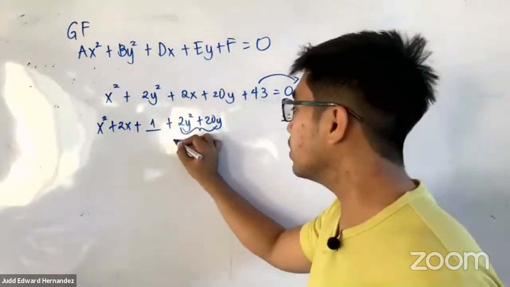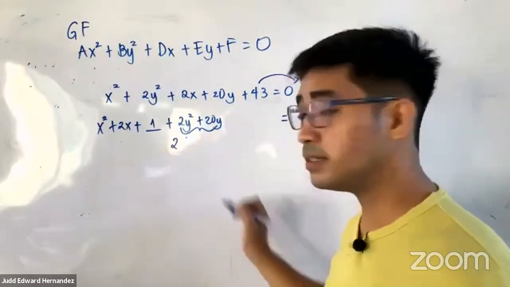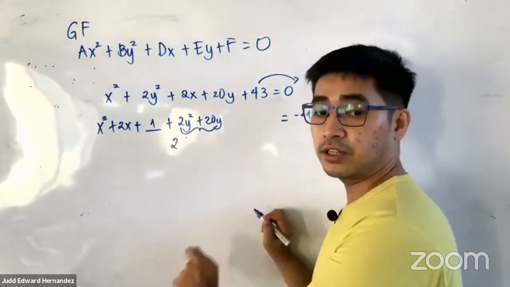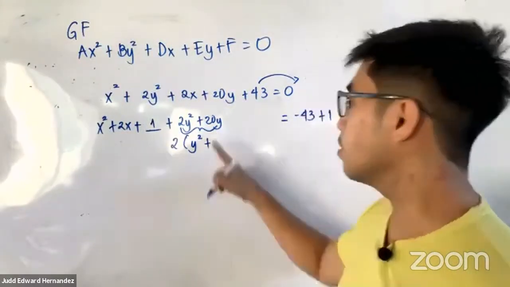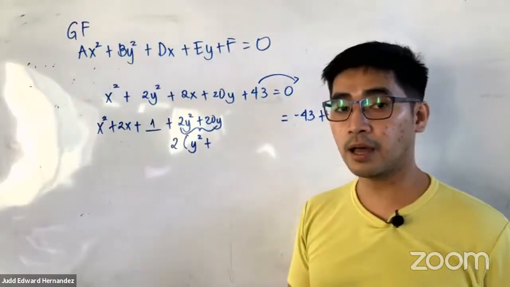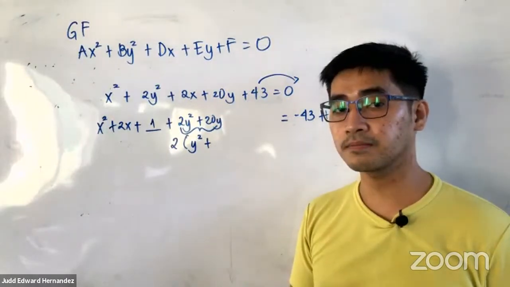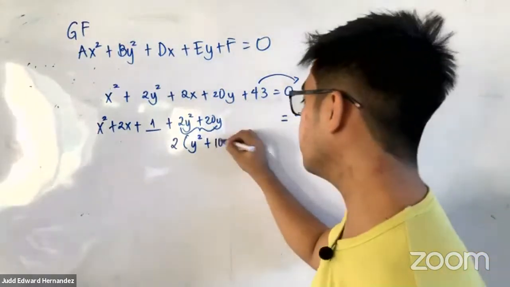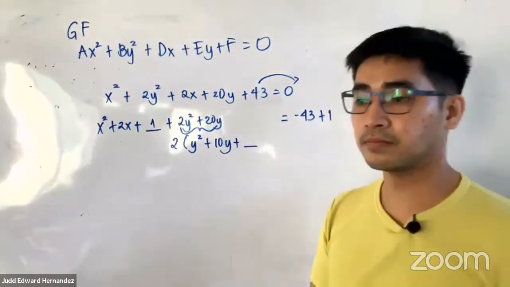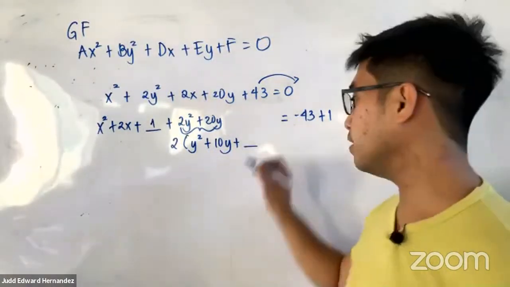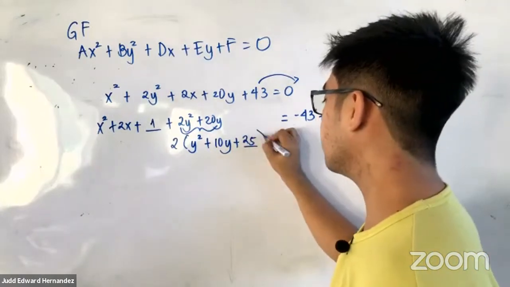In this case, we are given 2y squared. As I said before, when you are given 2y squared, you need to factor out the numerical coefficient of the squared term. Since only x squared was given, with no numerical coefficient, we do not factor out. So for 2y squared plus 20y, we factor out 2. This becomes y squared plus, what happens to 20y? It becomes 10y. So this becomes 10y plus, what do we add here? 25. This becomes plus 25.